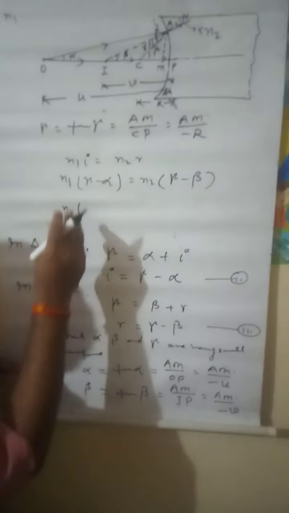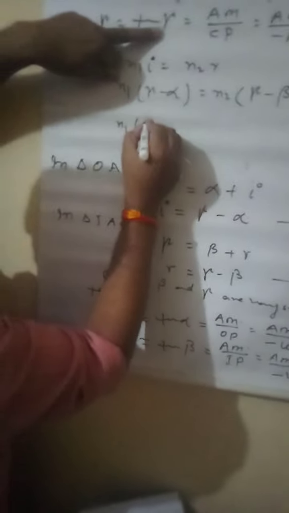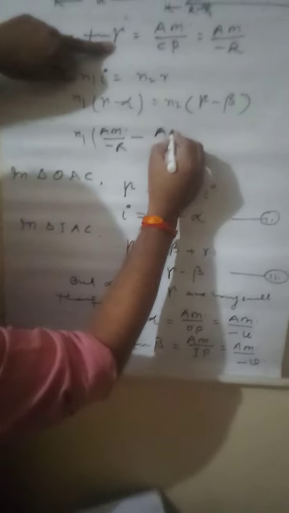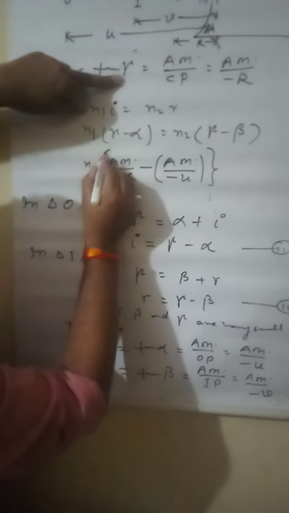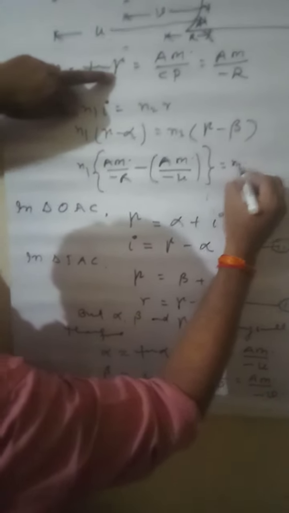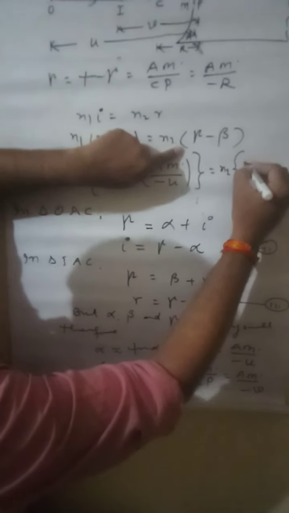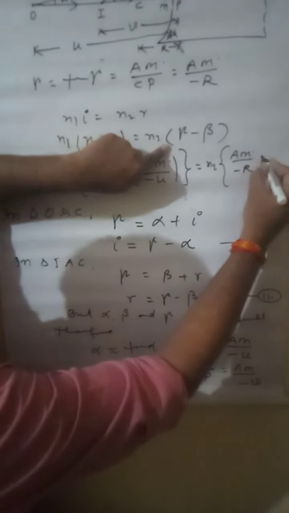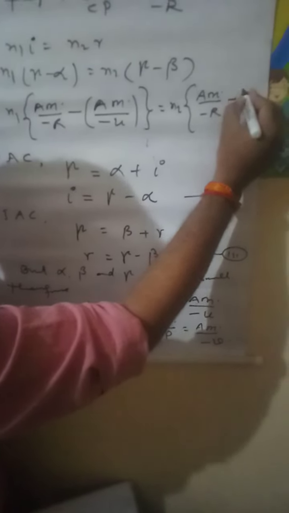So n1 times gamma, AM by minus R, minus alpha, AM by minus u, equals n2 times gamma, AM by minus R, minus beta, AM by minus v.